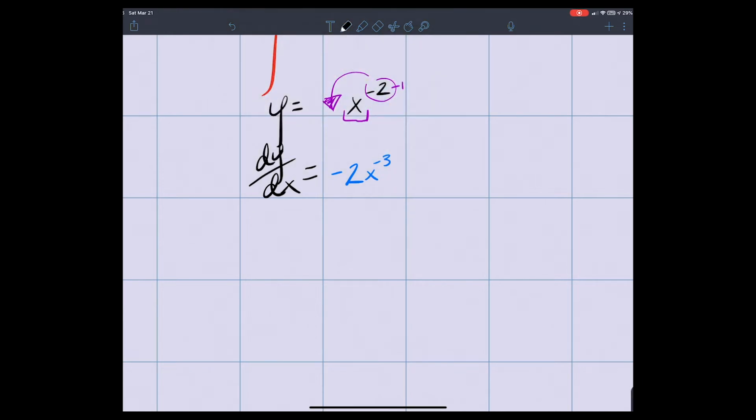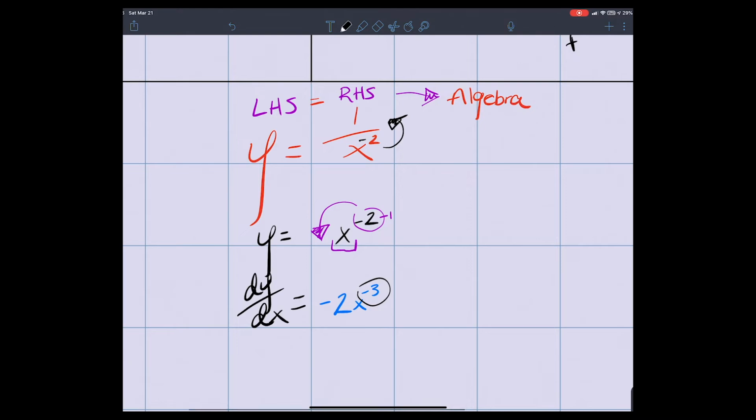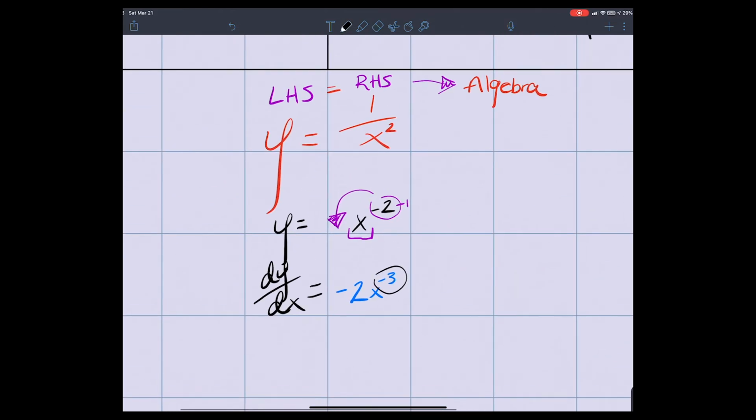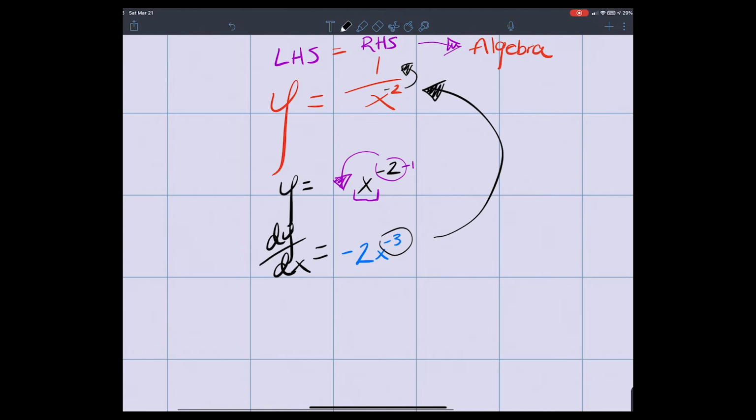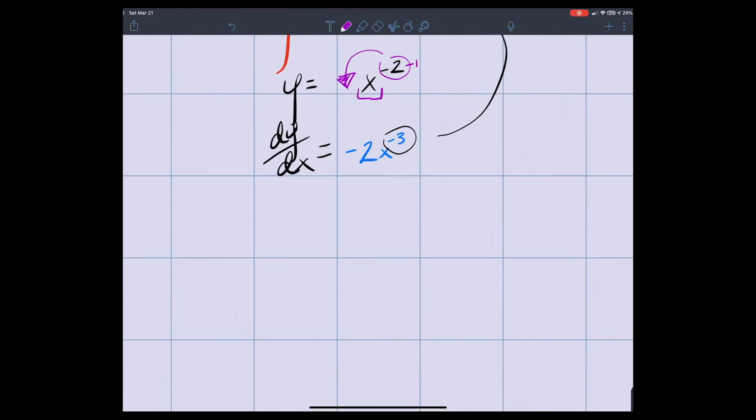Well, here's the thing, right? This is actually now kind of improper. And they didn't give you something like this to begin with, did they? So it's only right to put it back into this form. So how did I get it here in the first place? I just moved it up. So how do you think that I get it back down? I literally just take this and move it back down to the bottom. And I do that by doing this.